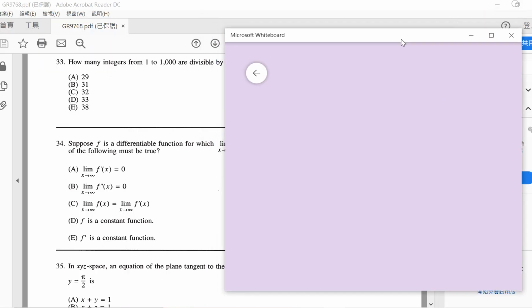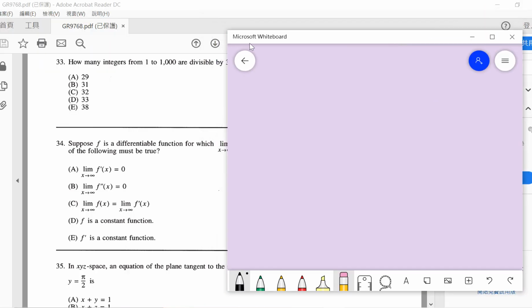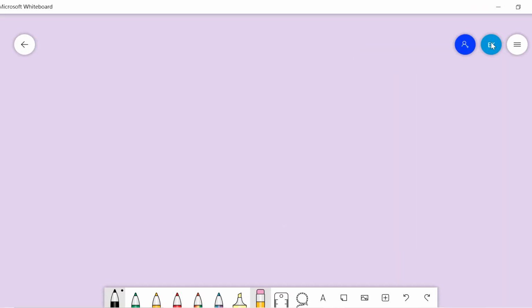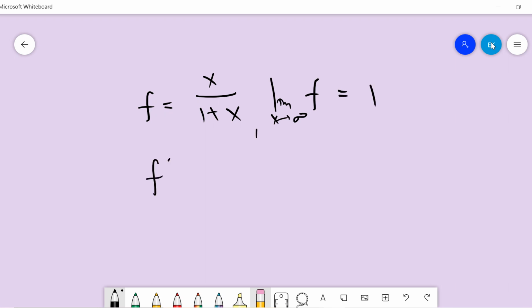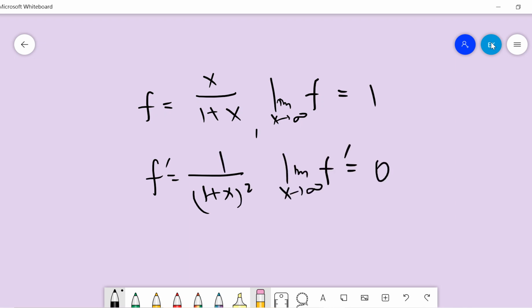So we first come up with some examples and try to use them to cancel some false statements. What I think about is this function. Basically, the limit exists and is 1, and f prime also exists, and f prime's limit also exists and is 0.